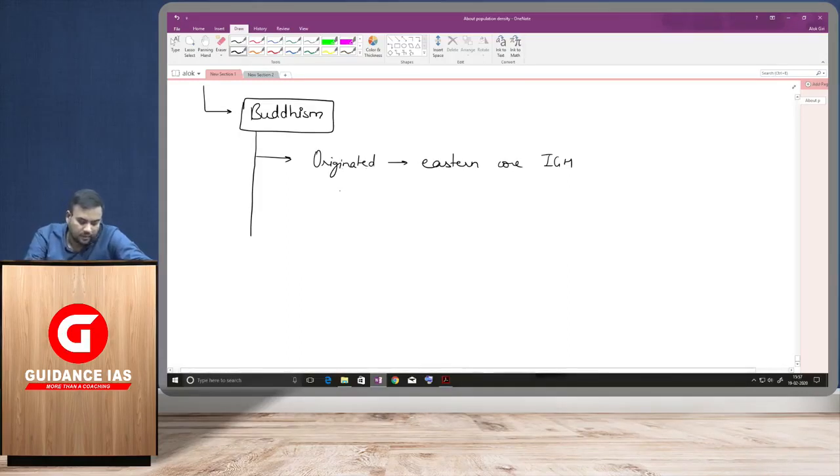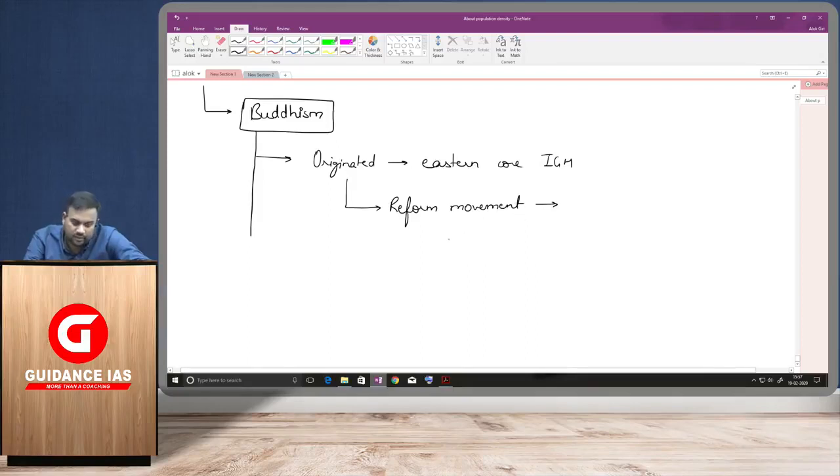Now, very importantly, this religion originated as a reform movement within Hinduism. As a part of Hinduism, it originated as a reform movement from the preachings of one person, Siddhartha.